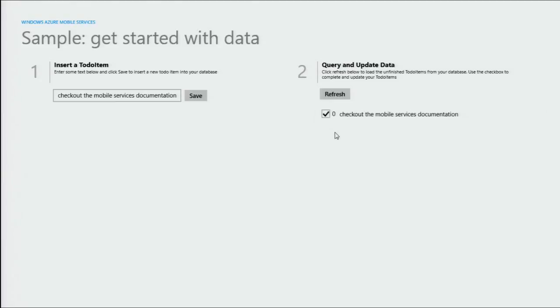We can go and check an item as complete, and we can also refresh this item. But really this application is inherently limited because it's only able to operate across this one device. If we use something like mobile services to provide a backend, it means this data can then be shared across multiple versions of the application. So let's go and see how we can wire up mobile services.